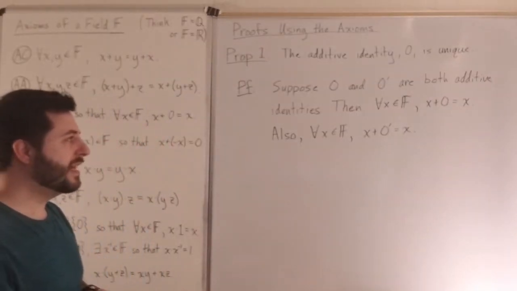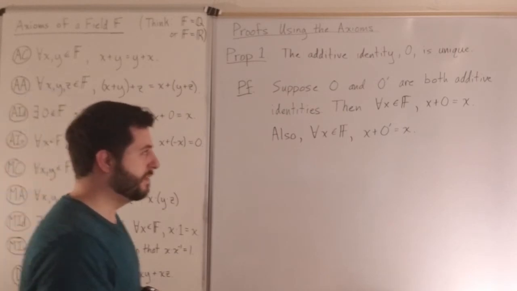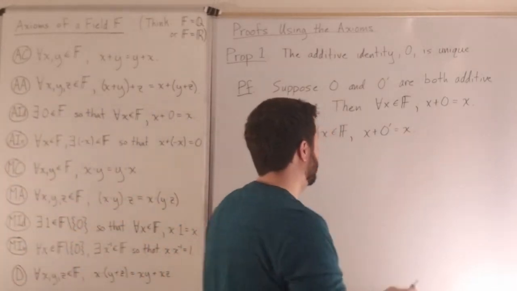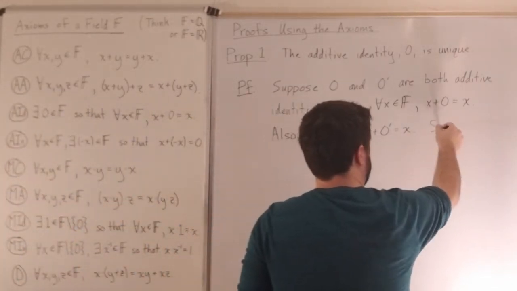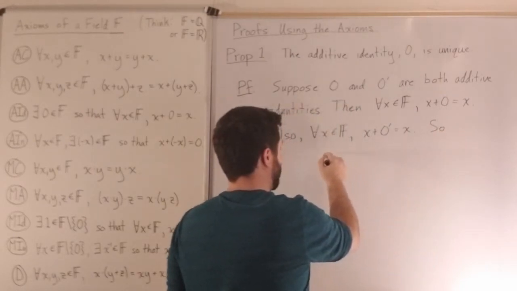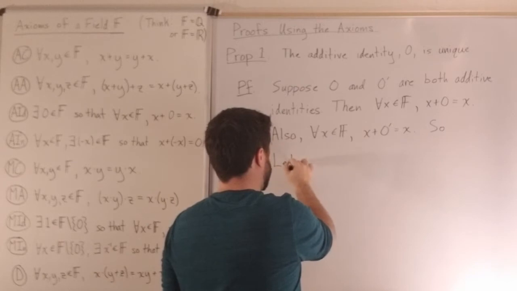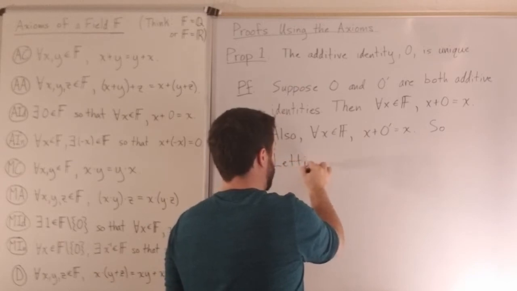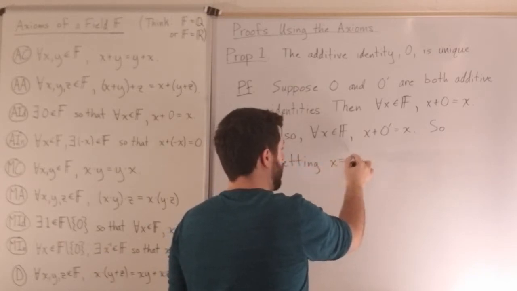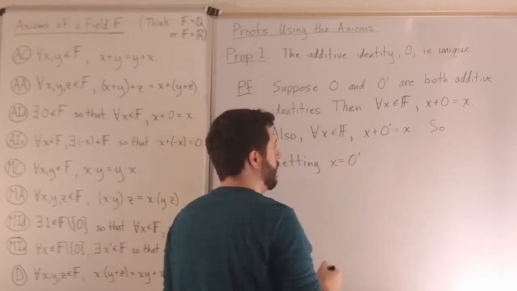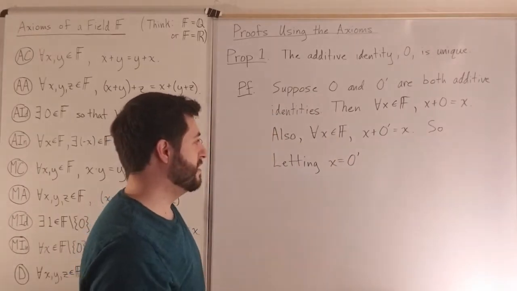The way we're going to do that is I'm going to take this equation right here, and let x be this other 0.